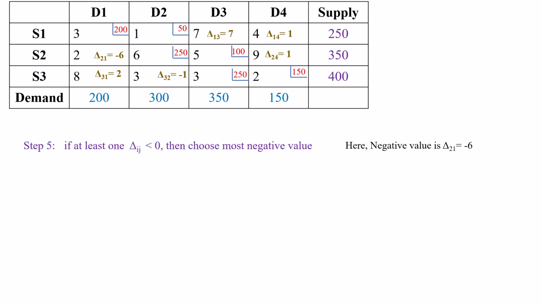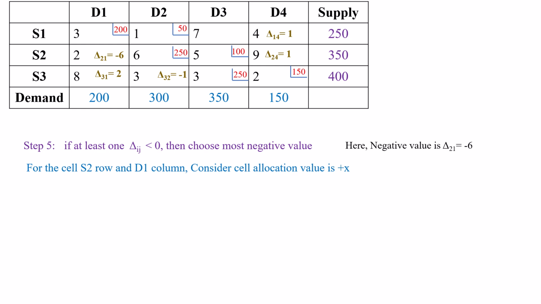The next step is, if at least one delta ij is less than 0, then choose the most negative value. Here delta 21 and delta 32 have negative values. Among these two, the most negative is delta 21, that is minus 6. So delta 21 means the S2 row and the D1 column cell.